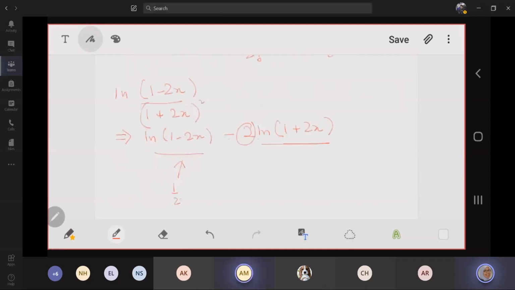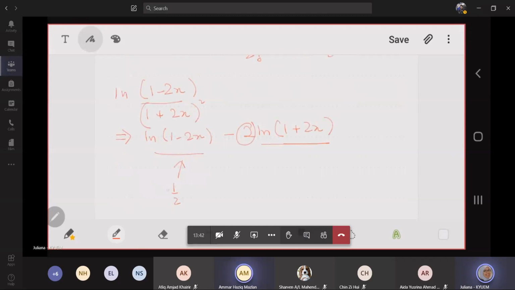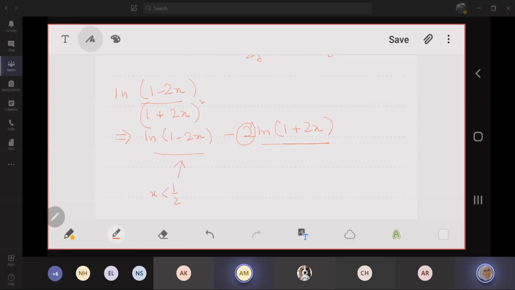it has to be less than half, bigger than 0 for the first one.